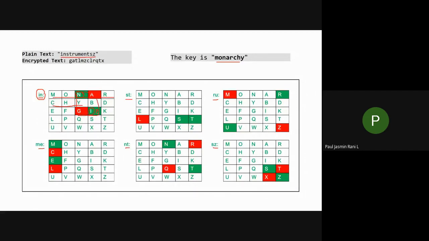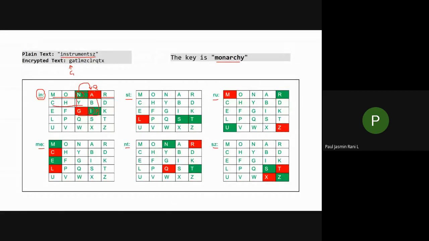So for P1 you are getting G. G is your C1, the answer. For this N, you'll be getting A, because after forming your rectangle, this is the other end. So A is your cipher text C2. So for plain text P1, P2, you are getting your cipher text C1, C2 like this.